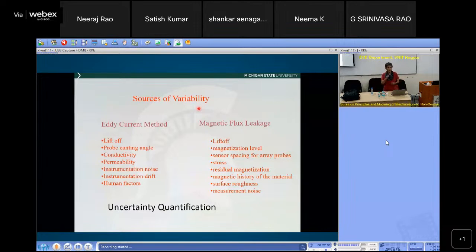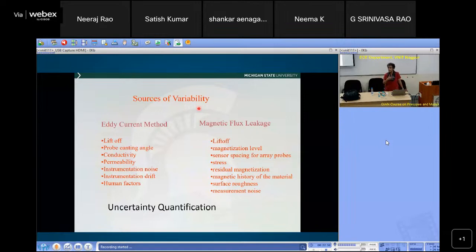The model uses a particular value for conductivity, but the actual conductivity of this sample can be slightly different. Permeability, similar thing. And when you have an experimental system, you have instrumentation noise. The instrument can drift, that produces a different defect, and human factors.